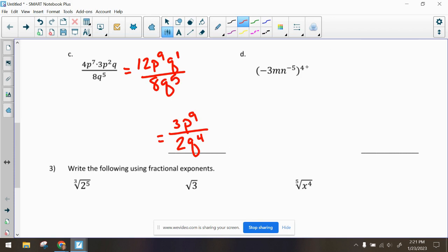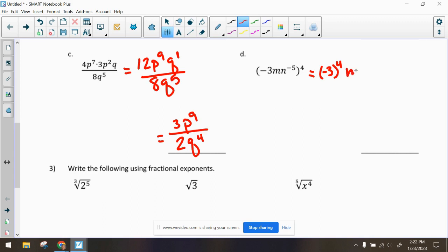For part D, this is all power property, so we're going to give this exponent to all of the terms on the inside of the parentheses. The key for this one, though, I need to keep that -3 in the parentheses when I evaluate -3 to the 4th, because that's going to give me a positive number. So be careful with that when we do it.